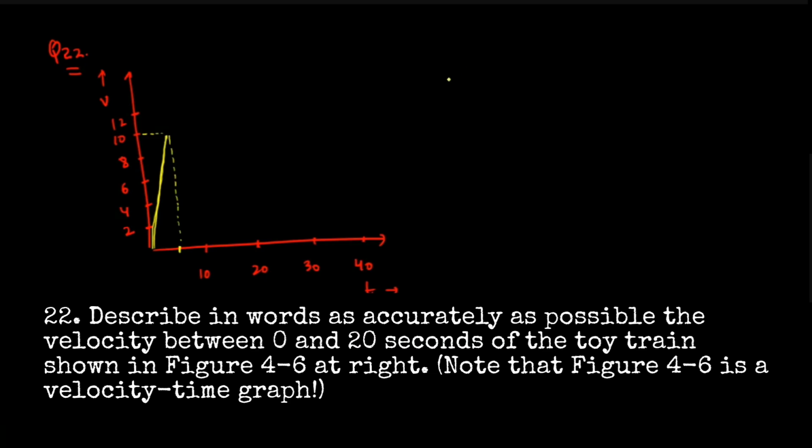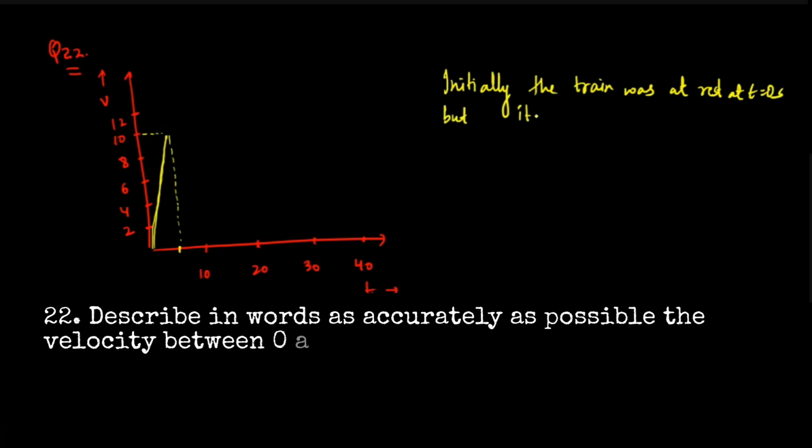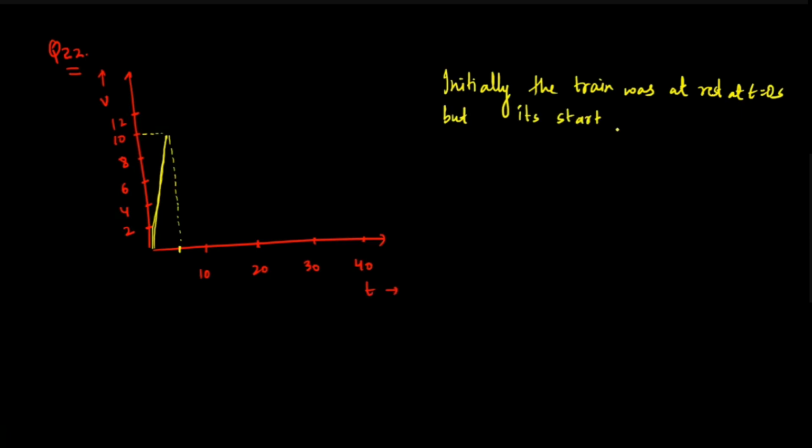So we will say initially the train was at rest at t equals 0 seconds, but it starts accelerating at a constant rate. And how can we find that constant rate? By simply calculating the slope.